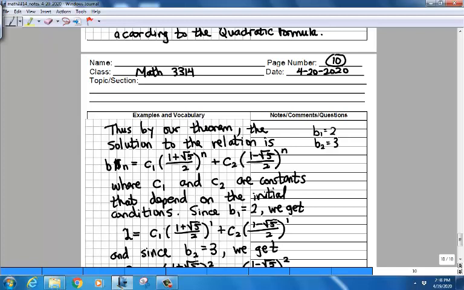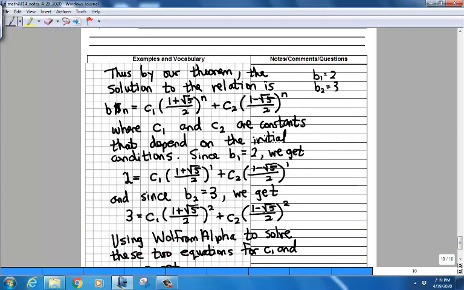That gives you this equation: 2 is equal to c sub 1 times our first root to the first power plus c sub 2 times our second root to the first power. Now I'm going to do the same thing with b sub 2. So b sub 2 equals 3, so I put 3 into the left-hand side of this equation, and I plug 2 in for n into the right-hand side. And so I've got these two equations now, and I have to solve them simultaneously for c1 and c2.